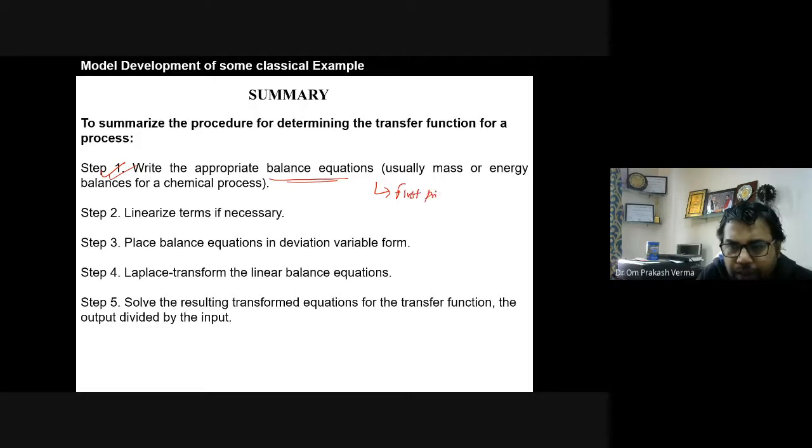Why do I say first principle? First principle of thermodynamics.